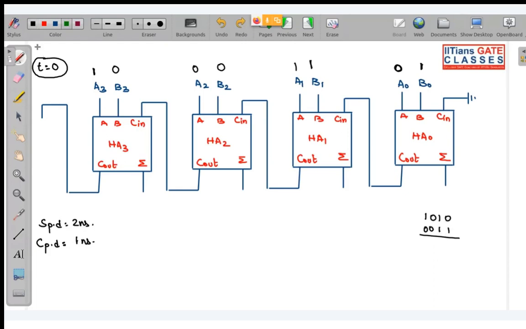Assume everything is reset before the application of input. So this input has been applied at t equal to 0. So at t equal to 0 minus, everything is 0. So with green color, I am writing all the stages, means all the output and input at t equal to 0 minus. Okay. So if I add 0, 0, 0, 0, so everything is going to be 0 and it will be stabilized.